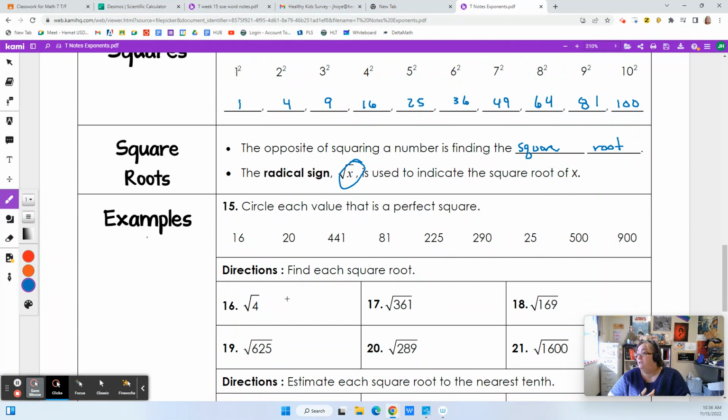So if we look at this part right here, it says circle each value that is a perfect square. How do we know if something's a perfect square? Like we know 16 is a perfect square because 4 times 4 equals 16, right? And we have that one written right there as perfect square. But is there any number times itself that's going to equal 20?